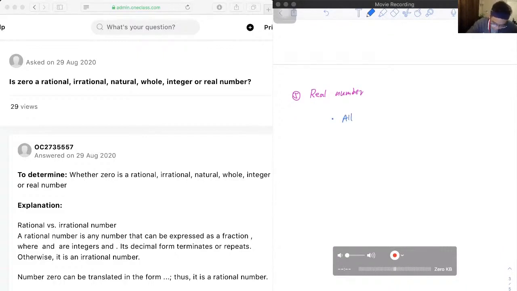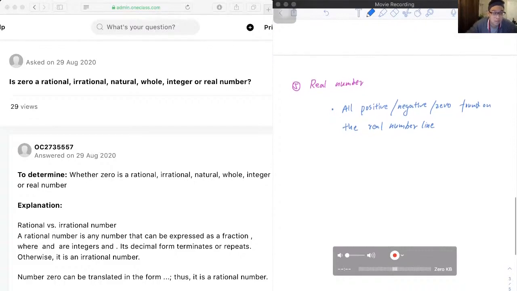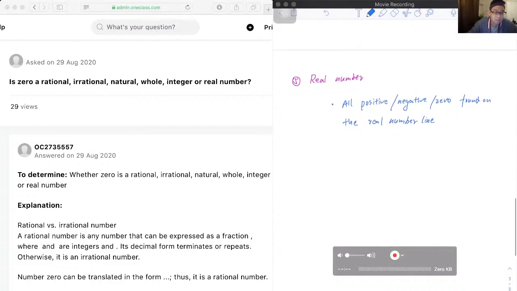This includes the rational and irrational numbers, but not imaginary numbers or infinity.